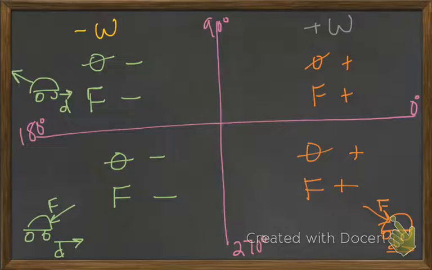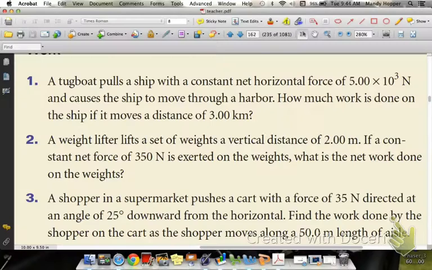Who's got questions? Because we're going to work through some examples. So there are 4 problems right here. We're going to work through all 4 of them. Start with number 1. Remember, pay attention to units as you're working through this stuff.